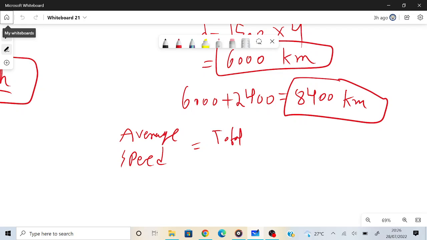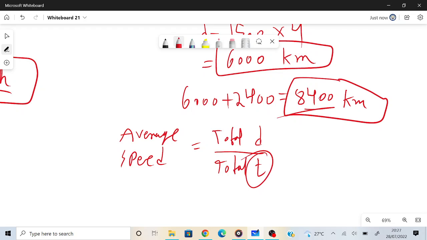As I was saying, average speed is total d, that's distance, over total t, that's total time taken. The total distance covered was what they wanted us to find in part A, which we got as 8,400. Now the question arises, what is total t?